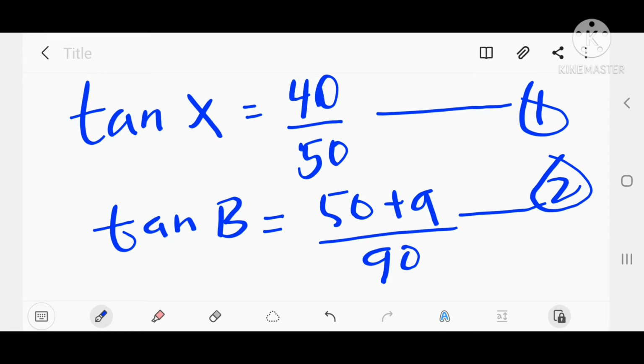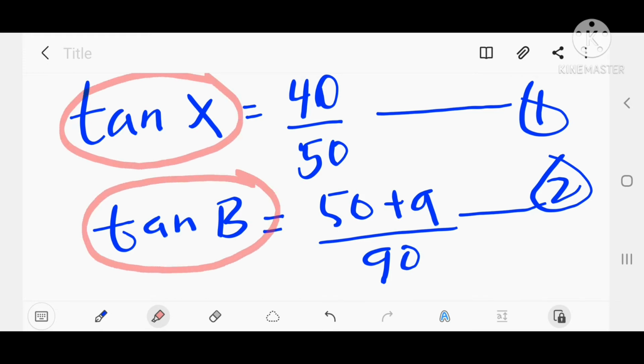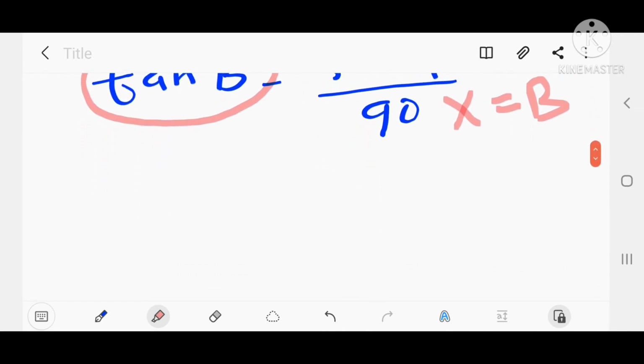We now put together tan x equals tan b, since x equals b. From the preamble, the angle at x should be equal to the angle at b, as shown in the question, so equation 1 should be equal to equation 2.